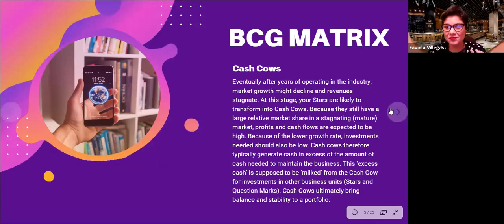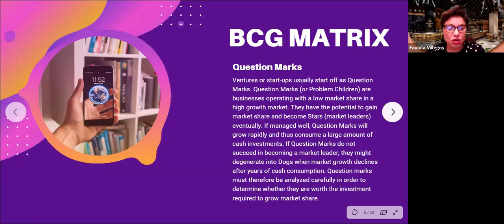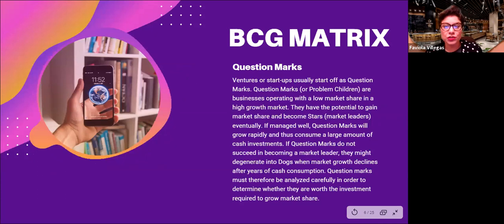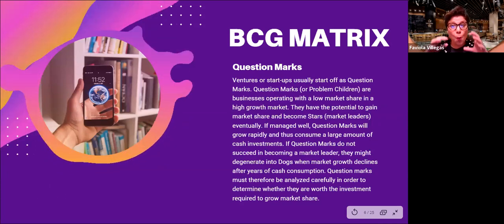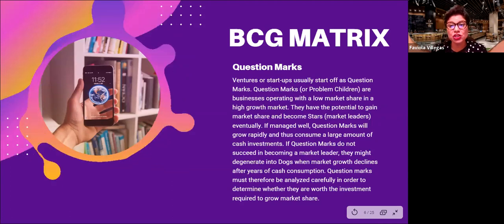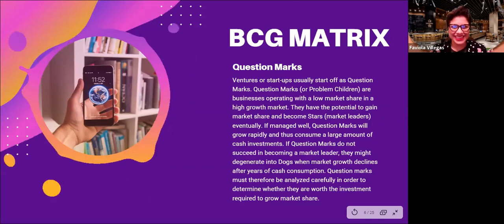And what about the question marks? Ventures or startups usually start off as a question mark. Question marks or problem children are businesses operating with a low market share in a high growth market. They have the potential to gain market share and become stars, market leaders.